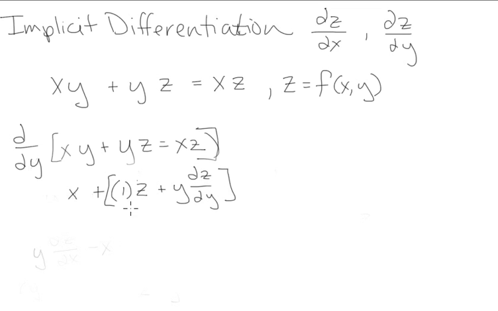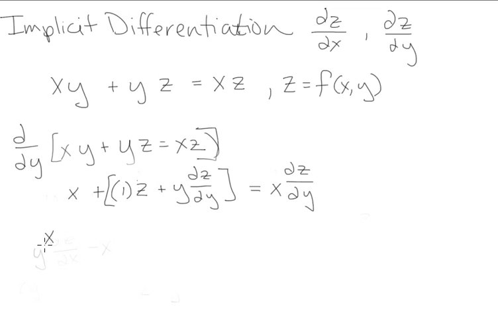So that's all the derivative of yz is equal to, now x and y are unrelated, so I'm treating x as a constant. And the derivative of z with respect to y, I don't know what it is, I just write the derivative of z with respect to y. So now I have, again, two terms with dz dy in them. I'm going to get them on the same side.